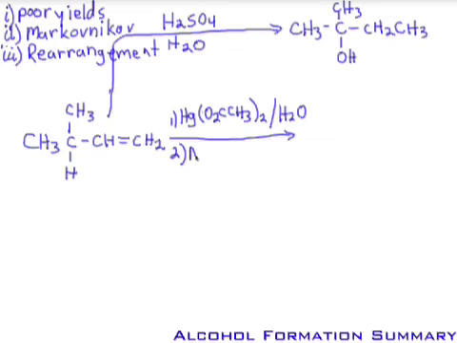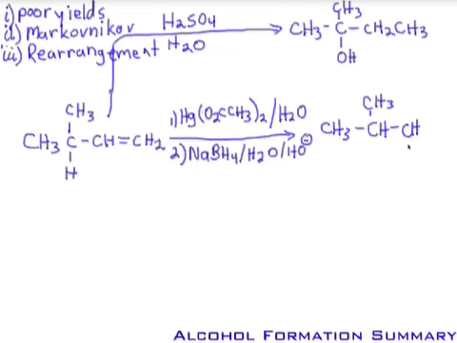Demercuration occurs in the presence of sodium borohydride, H2O and base. And so what do we get from this? Well, we get the alcohol but without rearrangement. There's no 1-2 shifting. We get Markovnikov addition, but yields are excellent.